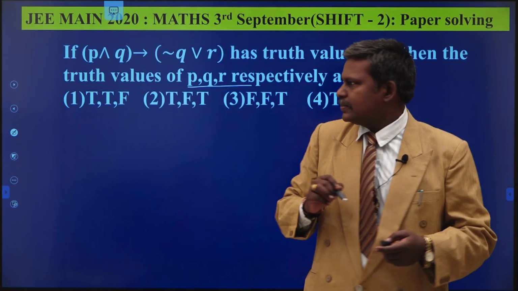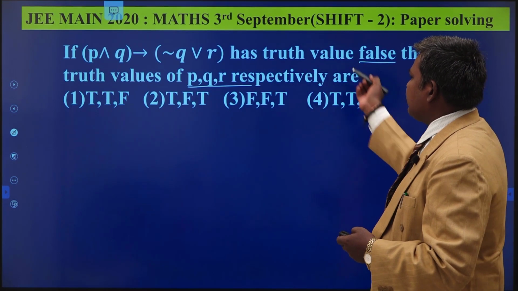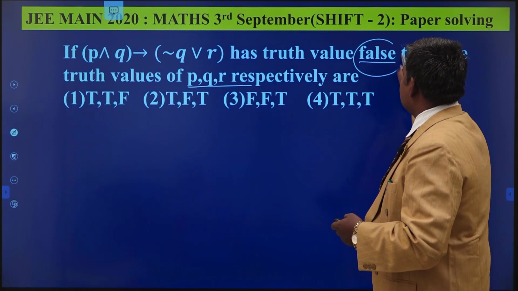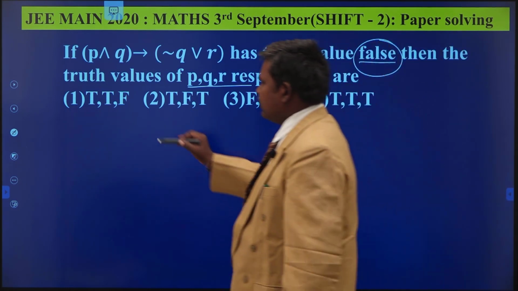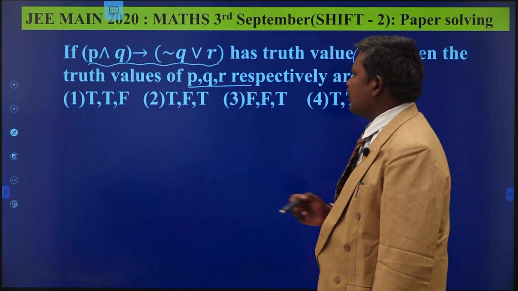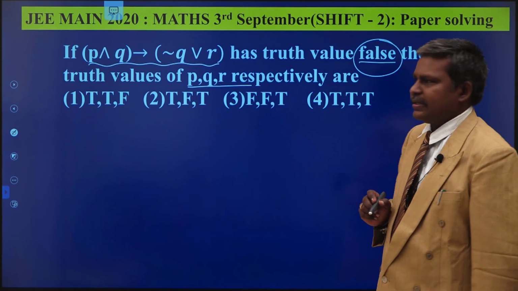What is given here? (P and Q) implies (negation of Q or R) has truth value false. So this is the statement, it has truth value false. Then what are the truth values of P, Q, R they are asking?